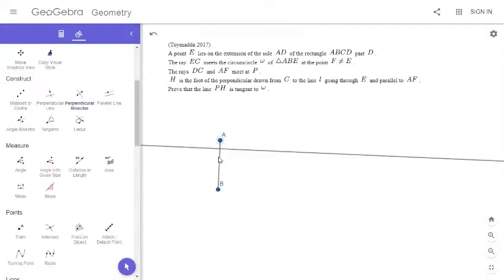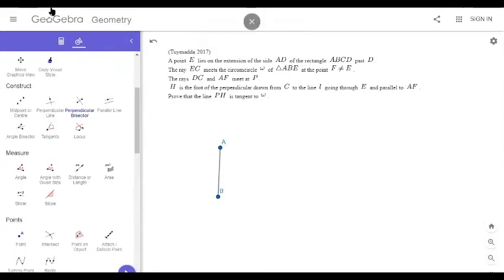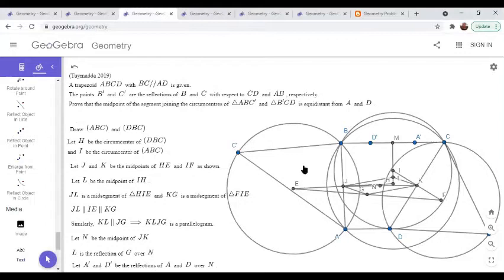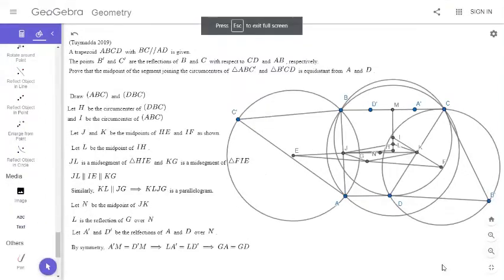Like this, whoops. Okay, yeah. Whoops. That's problem 3. You got a screenshot? But yeah, you'll be able to see it on YouTube pretty soon.